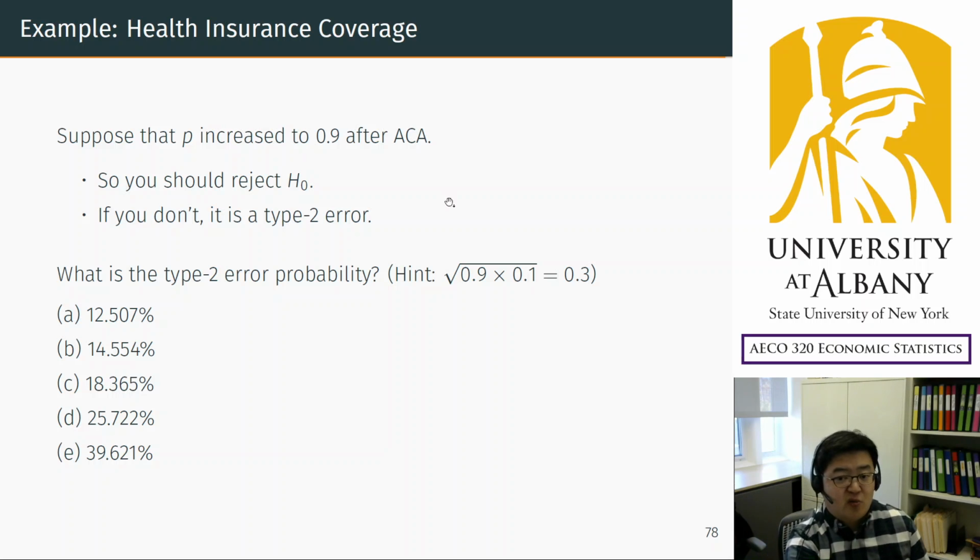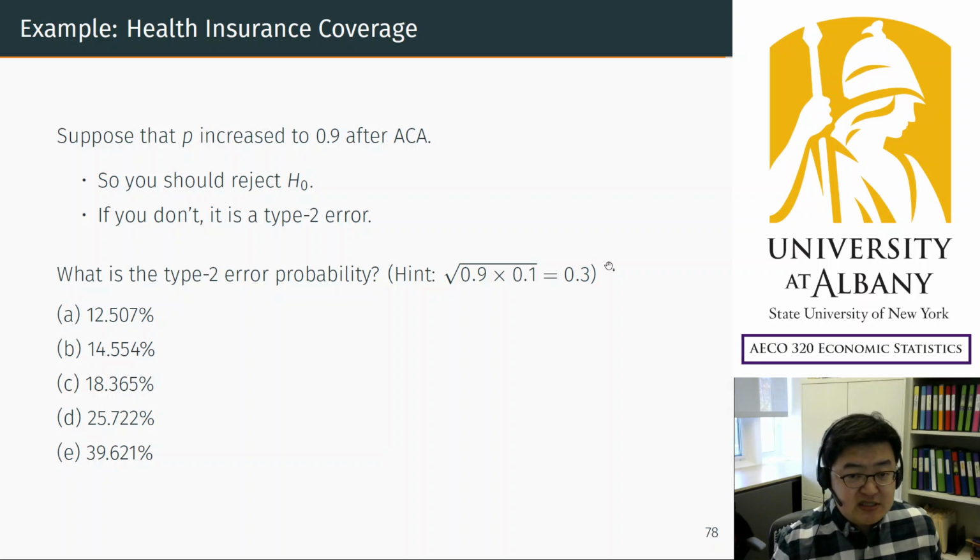What is the type 2 error probability in this case, if you assume this is the truth? And a minor hint is that 90% implies a standard deviation of 0.3. So there is no shortcut. The algebra is not simple.